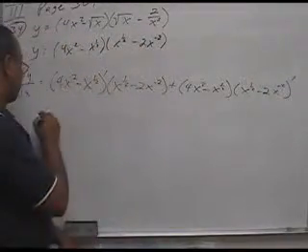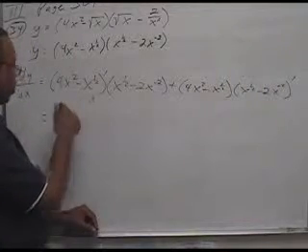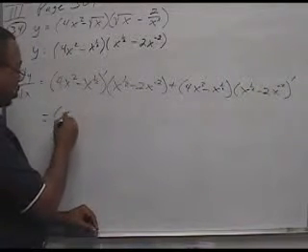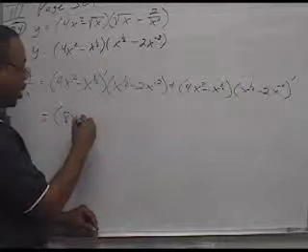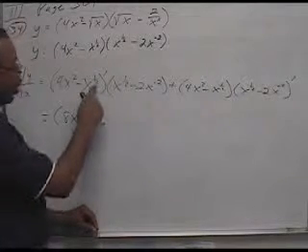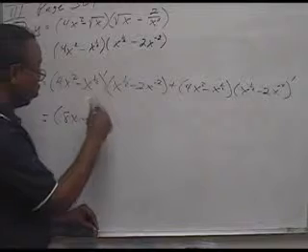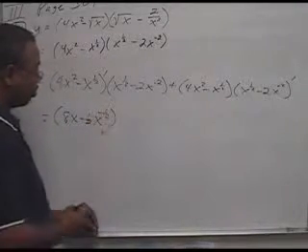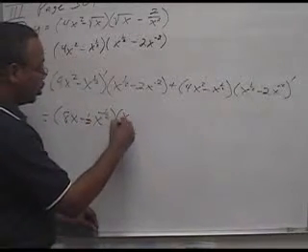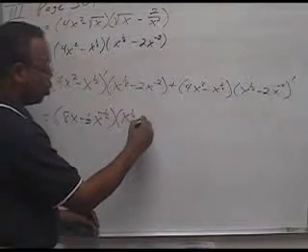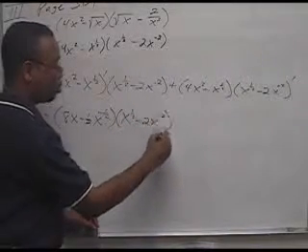Okay, so the derivative of this will be 8x, the derivative of this will be negative 1/2 x, since 1/2 take away 1 will be negative 1/2. Okay, then this remains the same, x to the 1/2 power minus 2x to the negative second power.